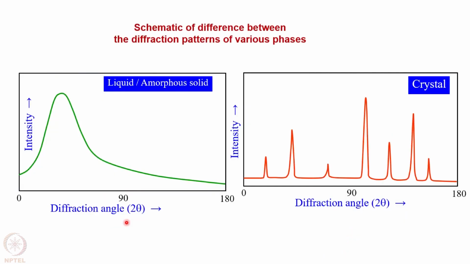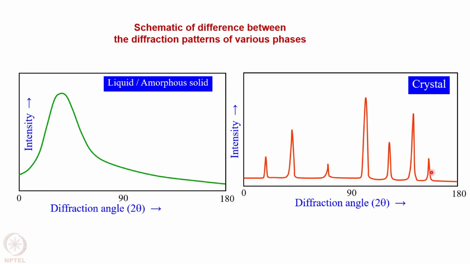See, as you know, amorphous samples diffract X-rays and show a very broad hump, and the crystalline materials diffract X-rays following Bragg's law and give individual peaks.